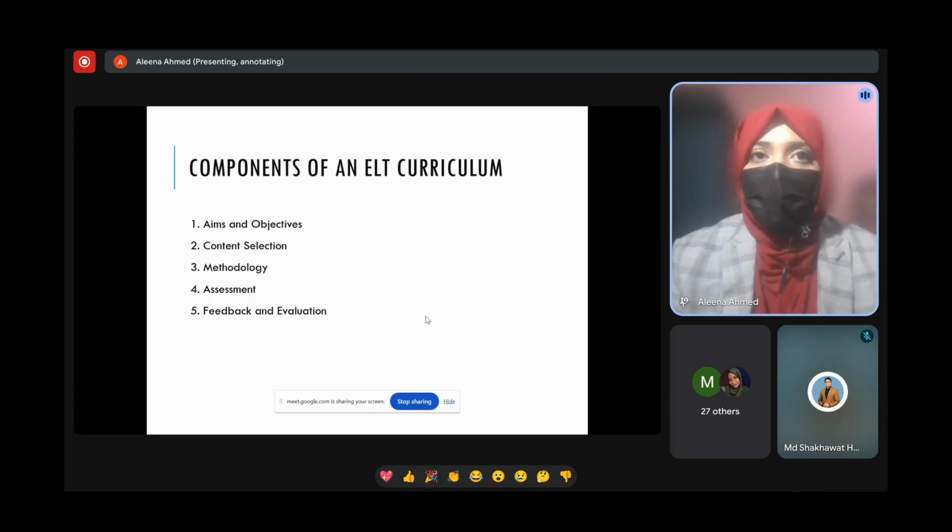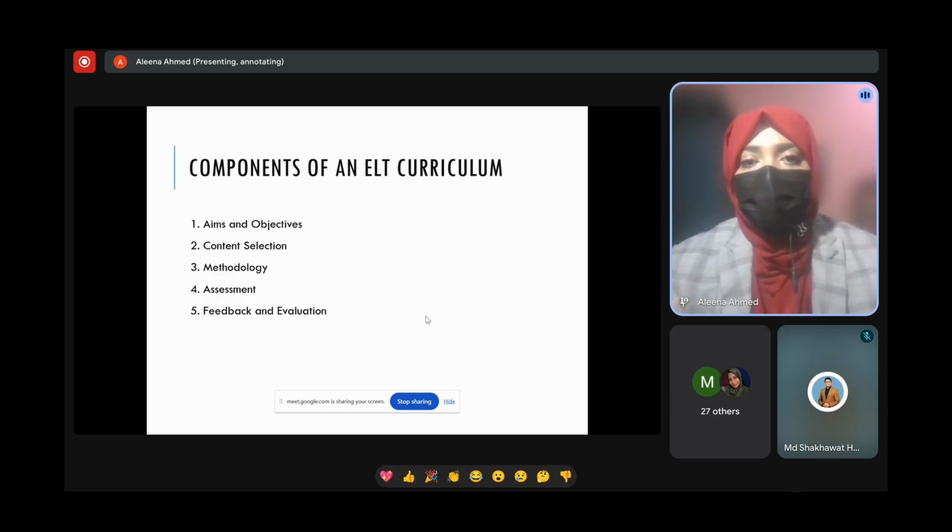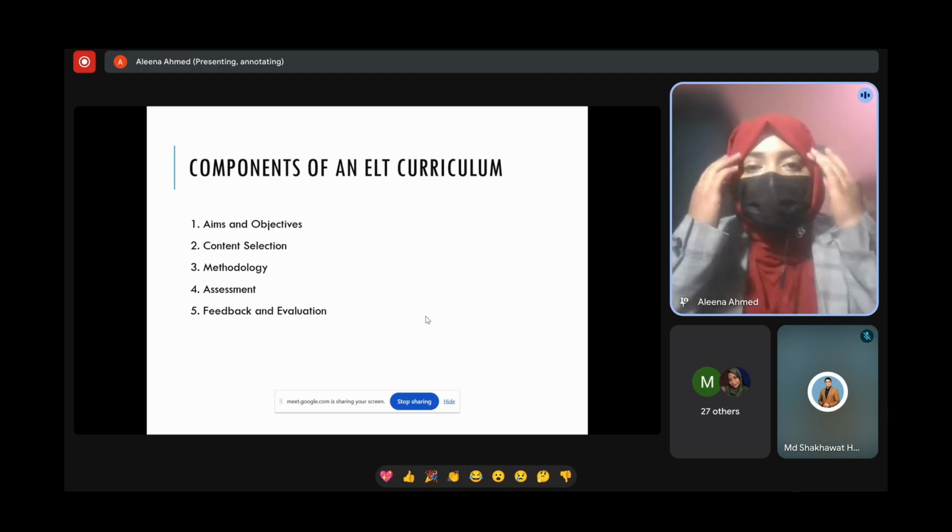So now when they appear in the exam, definitely a different topic comes, different types of questions come, and they are able to do it.